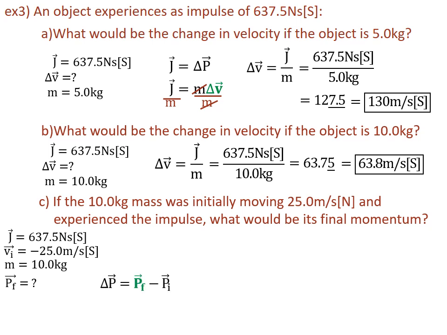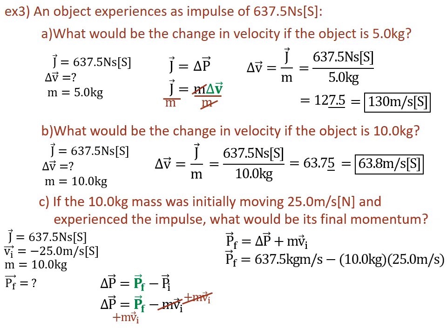I know that change in momentum equals final momentum subtract initial momentum, because change is always final subtract initial. Initial momentum is going to equal mass times initial velocity. To get final momentum by itself, I will add mVi to both sides, so that on the right-hand side, mVi subtract mVi will cancel out, and I will have final momentum isolated, equal to change in momentum, which I know because it equals impulse, plus mass times initial velocity.